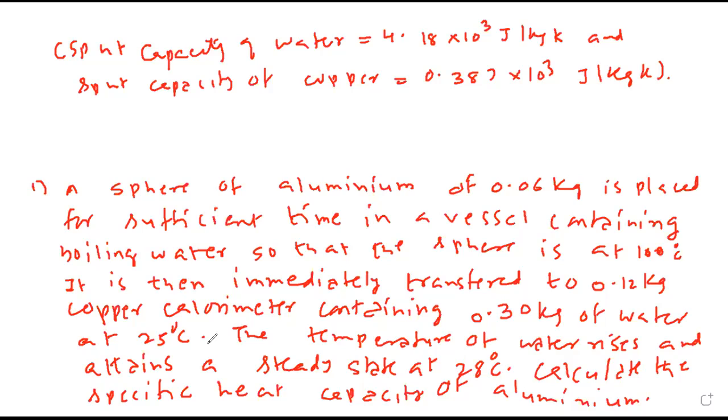Done, sir. Okay, now one by one I'm reading and writing the notation as 1, 2, 3. A sphere means a solid body. If I take that as 1, the mass of that sphere is 0.06 kg. It's placed for sufficient time in boiling water so that its temperature T1 is 100 degrees Celsius.